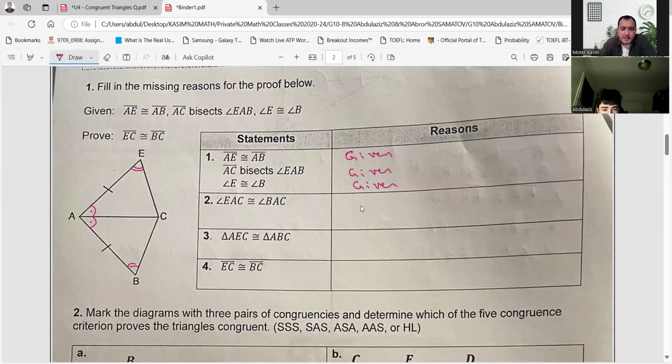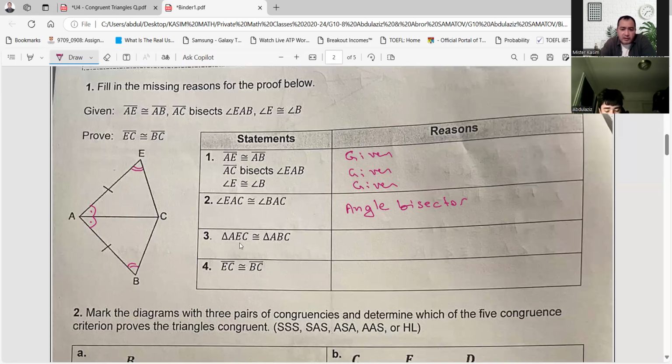Why? Angle bisector. It's the definition of angle bisector, because the question says AC bisects, which means AC is an angle bisector. That's why EAC is congruent to CAB.